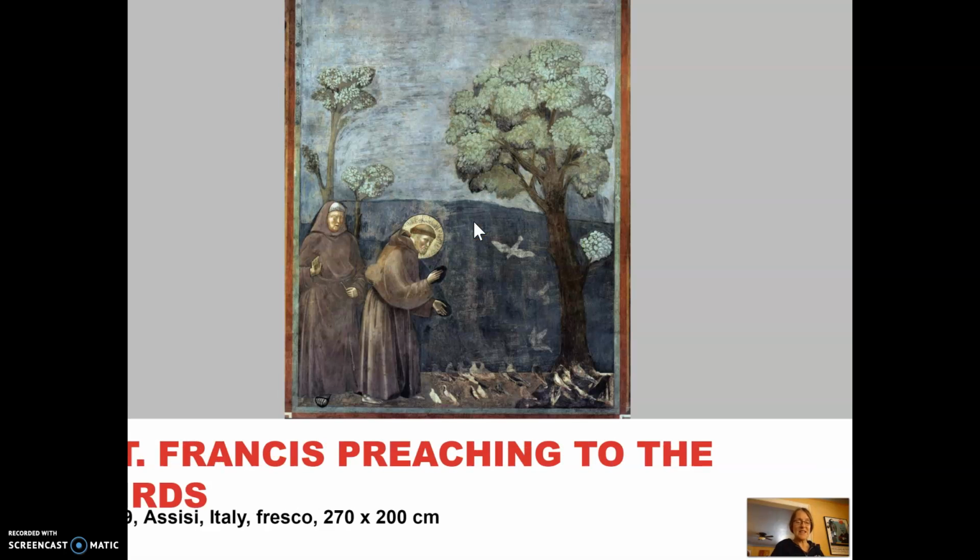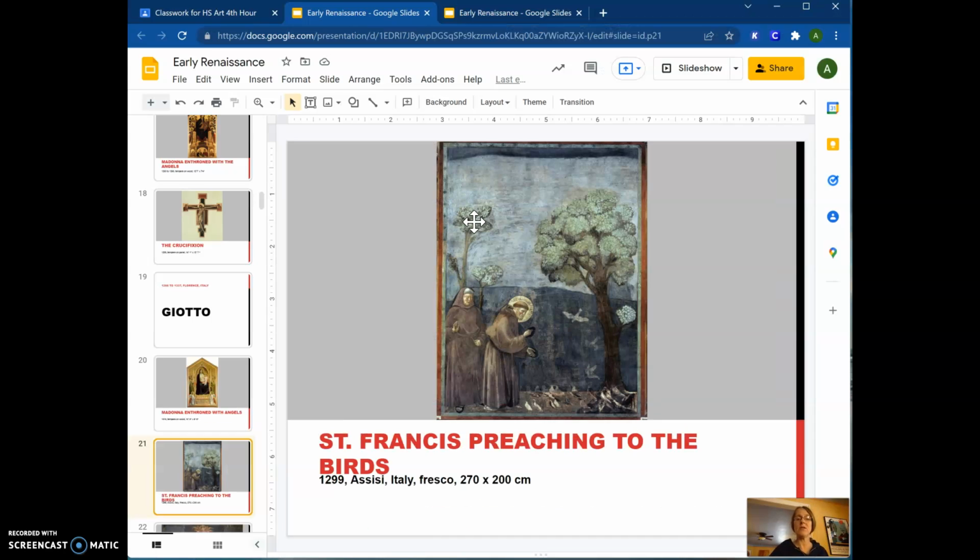Let's go ahead and look at St. Francis Preaching to the Birds. And I had mentioned St. Francis earlier. St. Francis was from Assisi. This is the 15th of 28 scenes, 25 of which were painted by Giotto, of the legend of St. Francis.